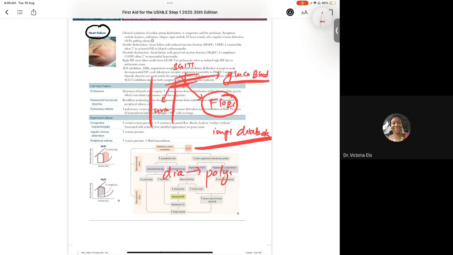They have polyphagia. They just become hungry a lot, right? Why are we going to have those polyuria? They're also having polydipsia as well. Why?